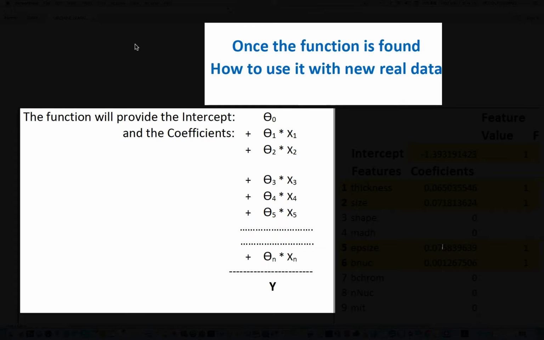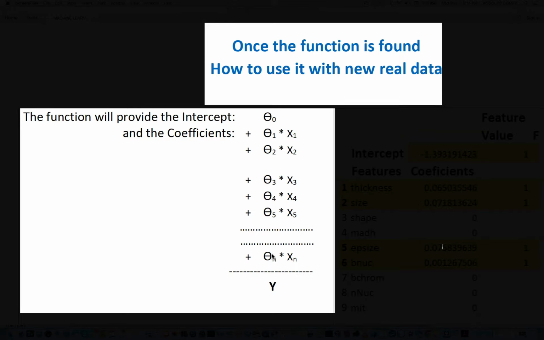Once the function is found, how can we use it to predict values with new real data? For that, the program is going to provide the following values: the intercept and the coefficients. And we need to apply this part of the formula. So we have theta 0, theta 1, theta 2, until theta n.